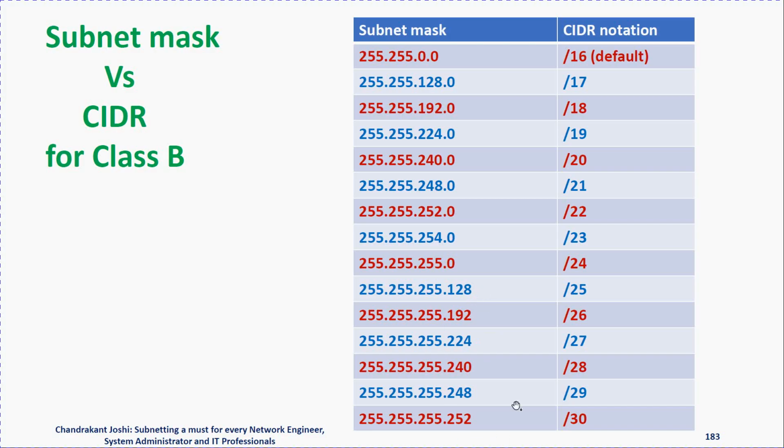So this is about the fourth octet, this is about the third octet. So in the third octet: 128, 192, 224, 240, 248, 252, 254, and then 255, because we cannot use /31. We have already seen this in class C. So the magic numbers are all the same regardless of which octet you are in.